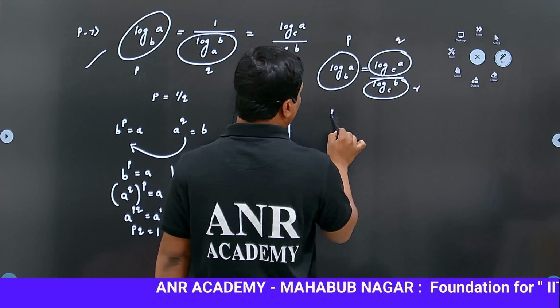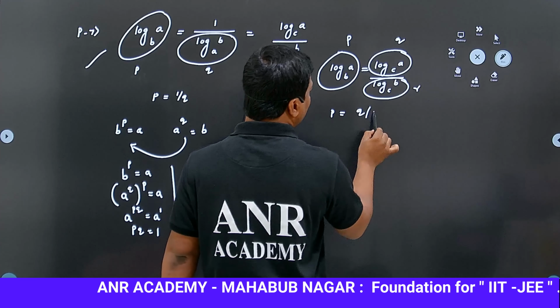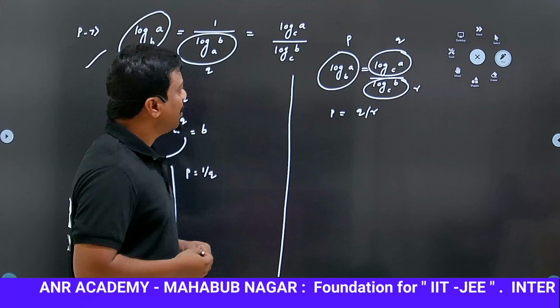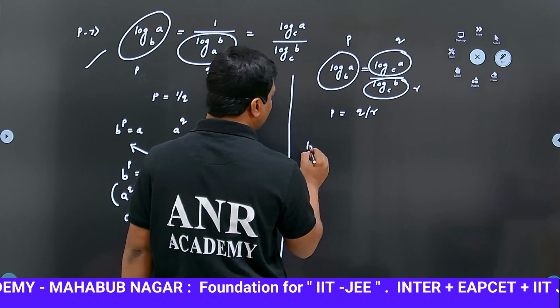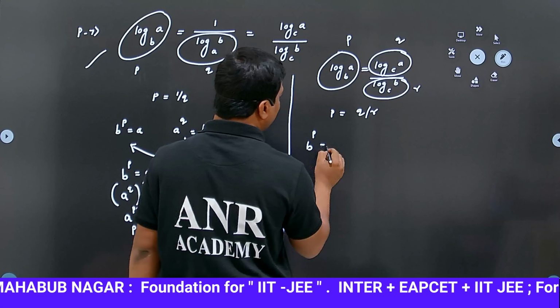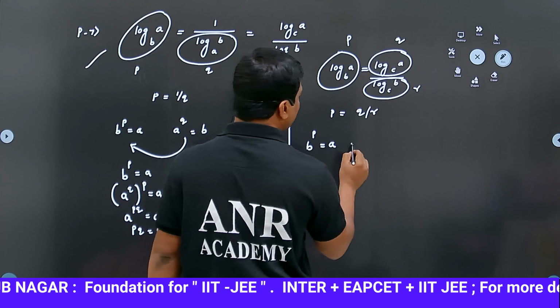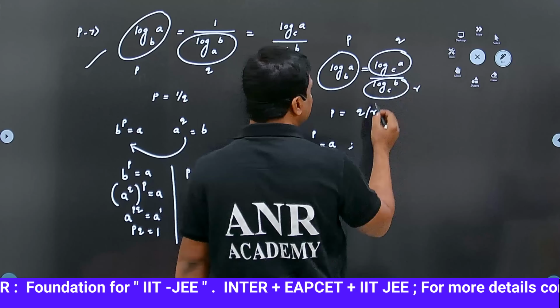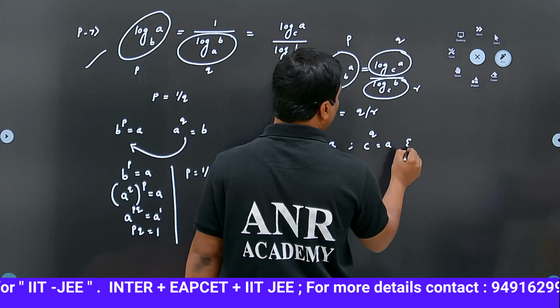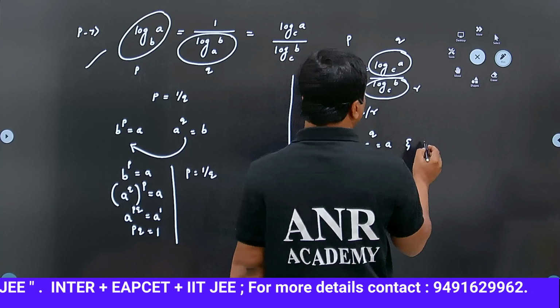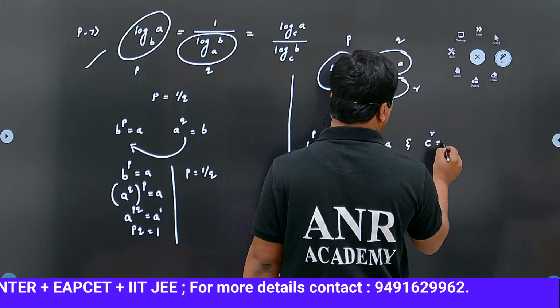It is enough to prove that p equals q by r. Now log a base b equal to p means b power p equals a. Next, c power q is a and c power r is b.